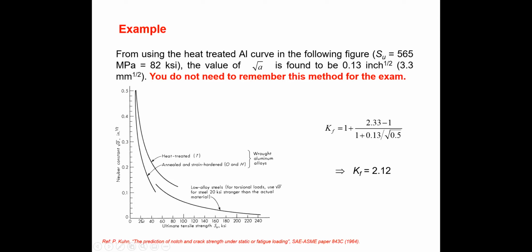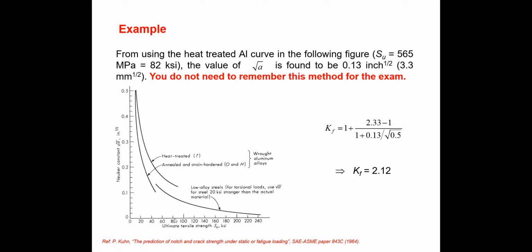So if it is ultimate tensile strength, what is the value? I didn't remember. Yeah, they mentioned it. It is in ksi. You need to convert to ksi as well. They provide in megapascal, so you need to convert to ksi. So it is 82.